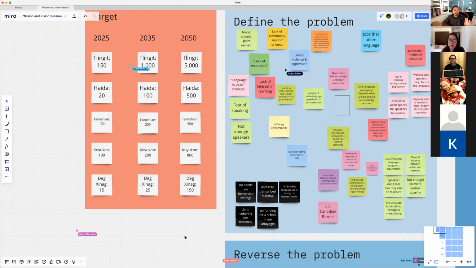Okay, so these are our goals. These are our targets. We're going to create 2 documents for 5 languages, so we get 10 things to make collaboratively in the next month. Thinking about the things we've seen from Hawaii, the things we've seen from Maori, and the things we're going to see from Six Nations, Mohawk, these are going to help us get ideas on what these things should look like.